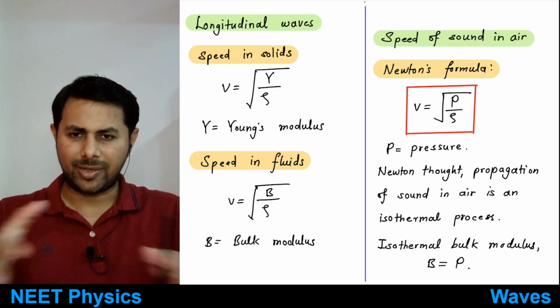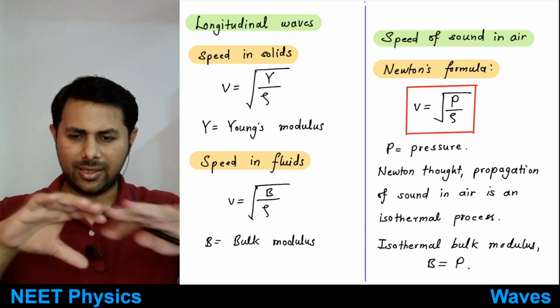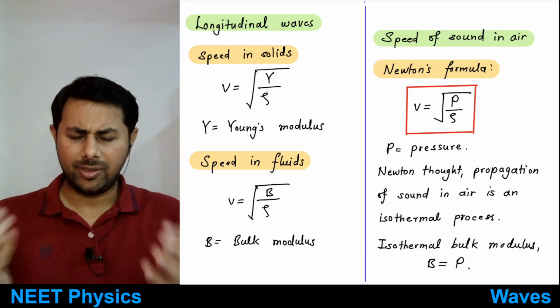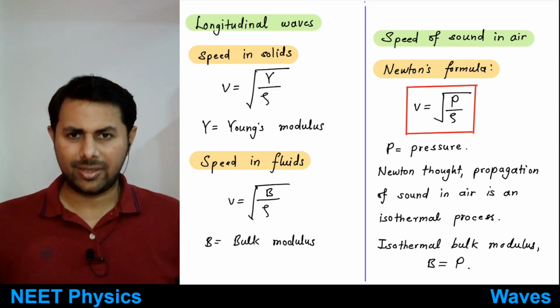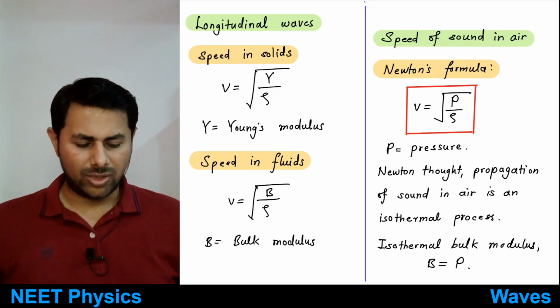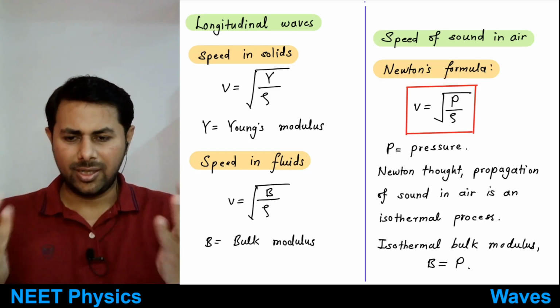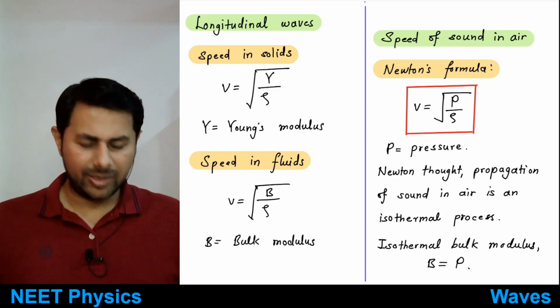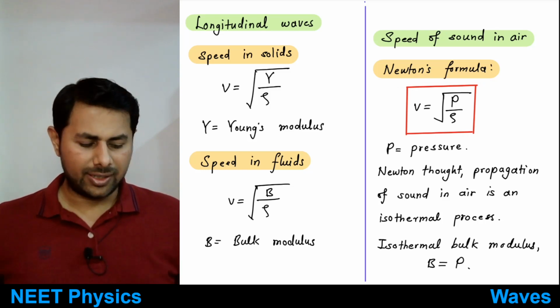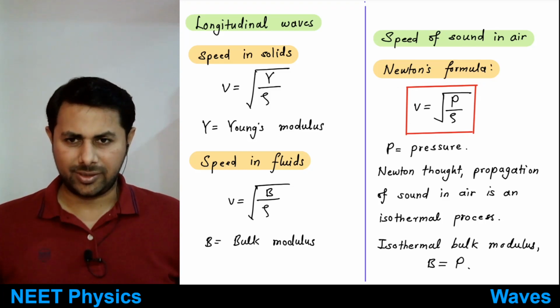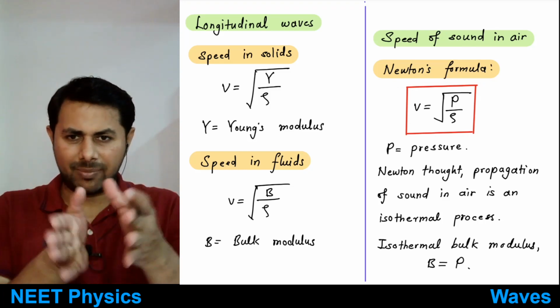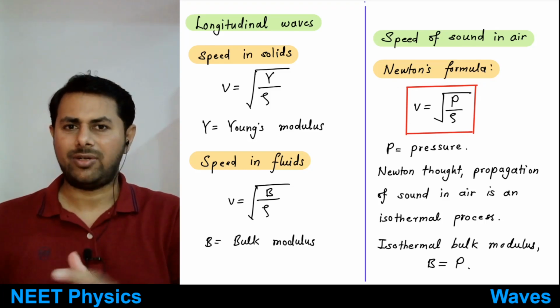Particles will go away from each other, and they are also in contact with the surrounding medium, so heat gets dissipated in the surrounding medium. According to Newton, the heat produced in compression gets dissipated to the surrounding medium in the rarefaction, and that's why the temperature does not change. Heat is not trapped in the region in which the wave is traveling.